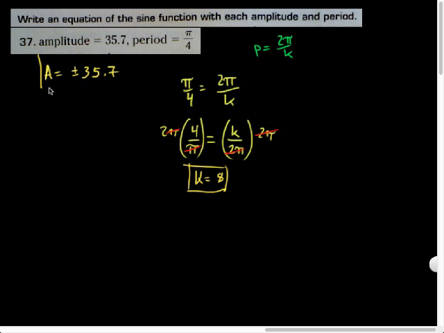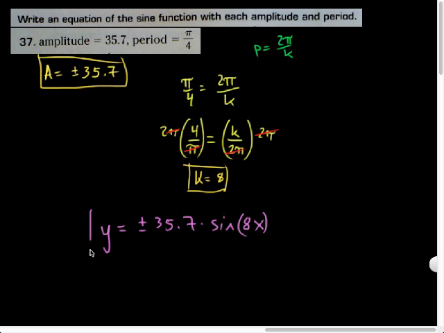So between this and this, I can now write the equation of the sine function. So y is going to equal plus or minus 35.7 times the sine of 8x, or 8 theta if you wanted.